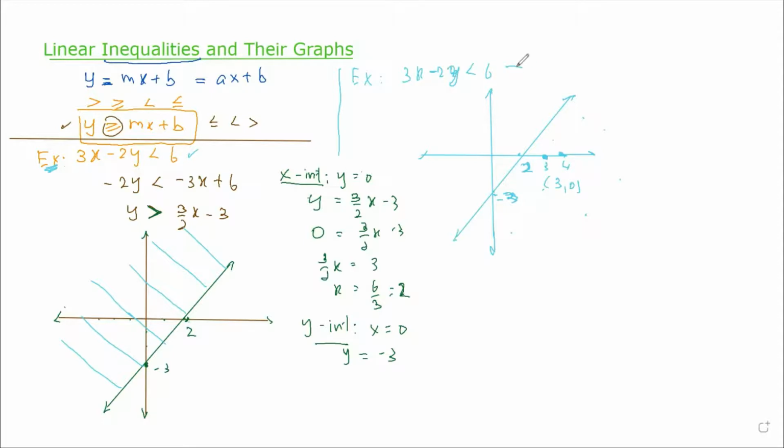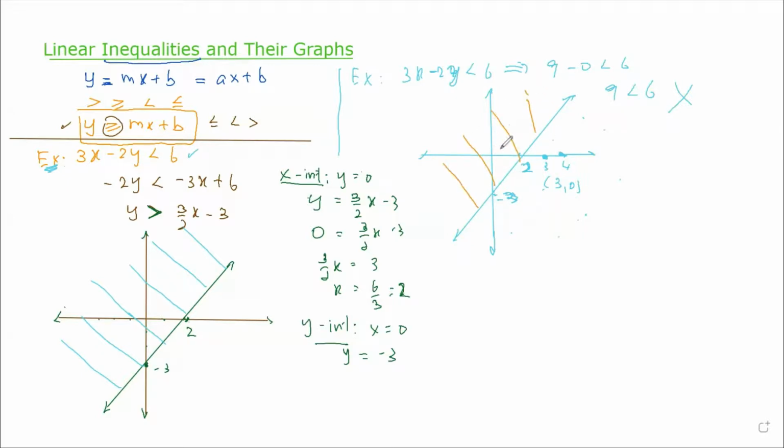So 3x becomes 9, and minus 2y, 2 times 0 becomes 0, less than 6. So we have 9 less than 6. This part is wrong, right? So when you check one point like this, it doesn't work below here, no matter which point you pick below the line. So the answer should be up here right away.